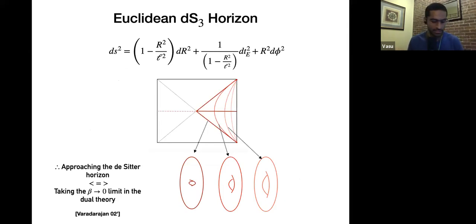And this has a little bit of history because there was the original proposal of McGough, Mezei, and Verlinde, where they looked at the pure TTbar deformation and the analogous setup within AdS3. So the idea is that the pure TTbar deformation pulls the asymptotic boundary inwards. And once again, the radius of this boundary is related to mu.